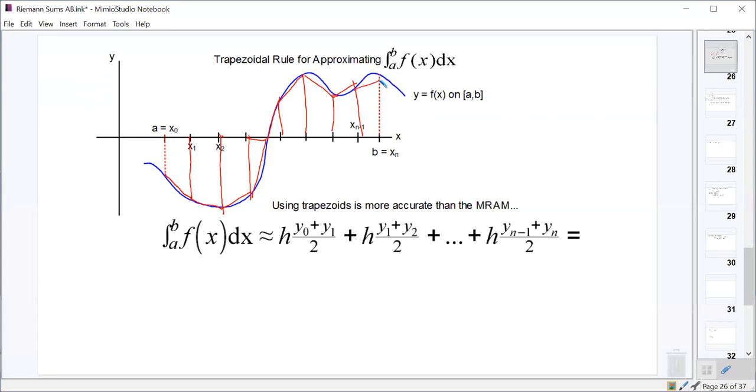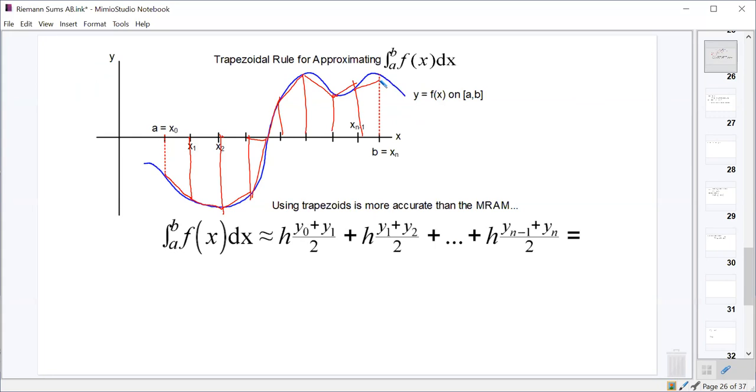But we'll notice that we just get a bunch of little trapezoids if we connect the heights of our function at each beginning and end point of our subintervals. You can see we're leaving a lot less off than we were with the rectangular approximations, or we're going over by less, or we're going under by less.